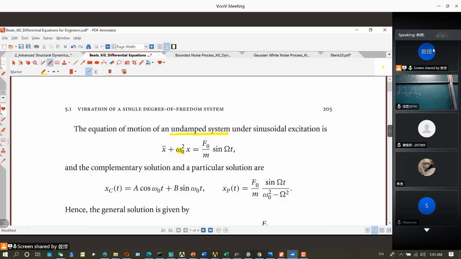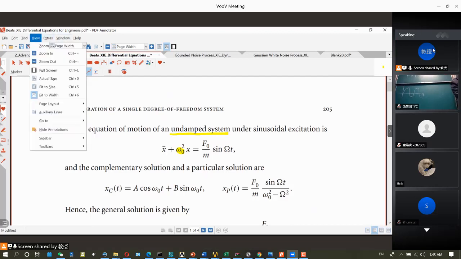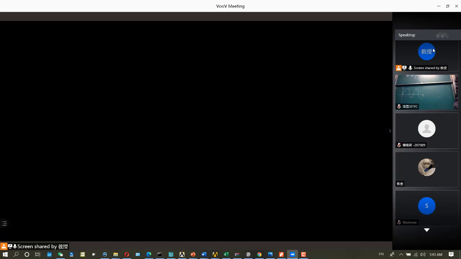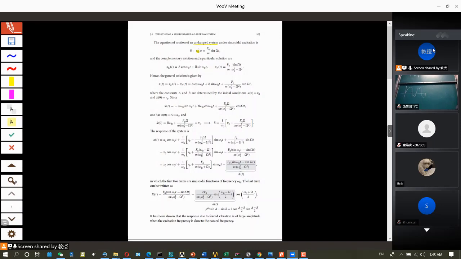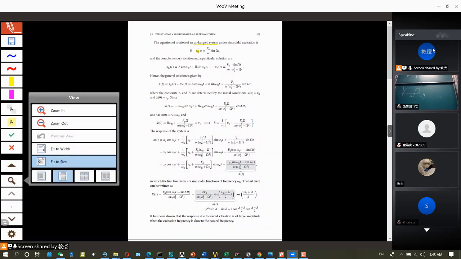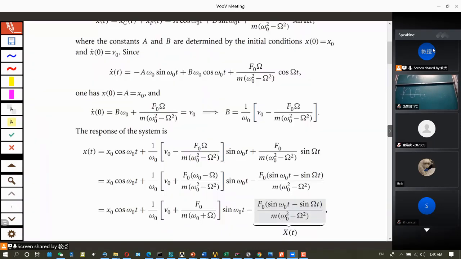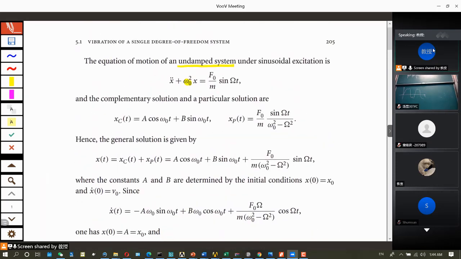Omega 0 is the natural frequency of the system, under harmonic excitation, so the excitation frequency is omega.